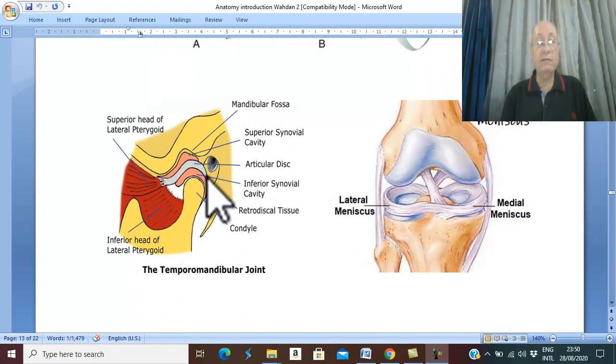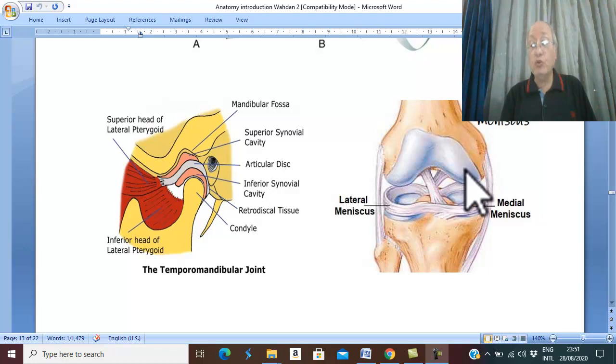This is the condyle of the mandible, the head of the mandible. This convex articular surface articulates with a concave articular surface. If there is one convex articular surface, this is called a condylar joint.